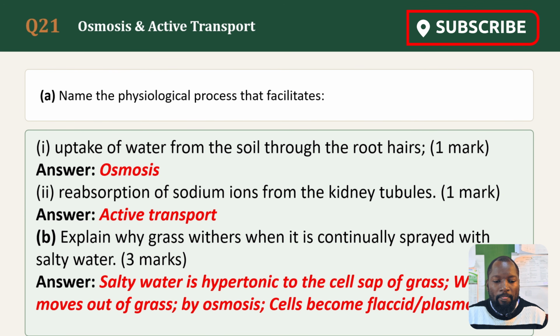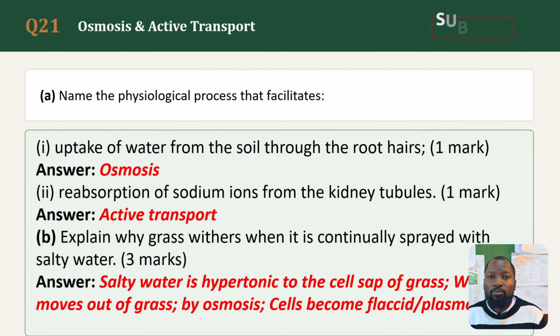Question 21B. Explain why grass withers when it is continually sprayed with salty water. Salty water has a higher concentration of salt solute, and therefore it is hypertonic to the cell sap of the grass, and that will make water move out of the grass by osmosis.